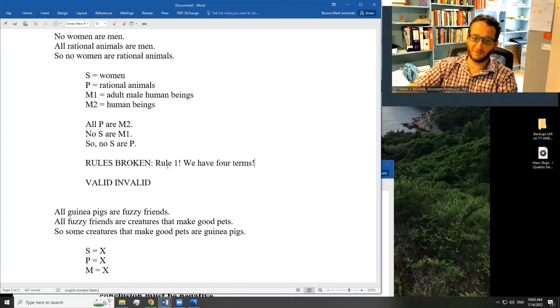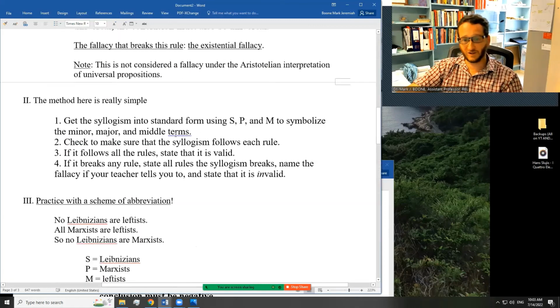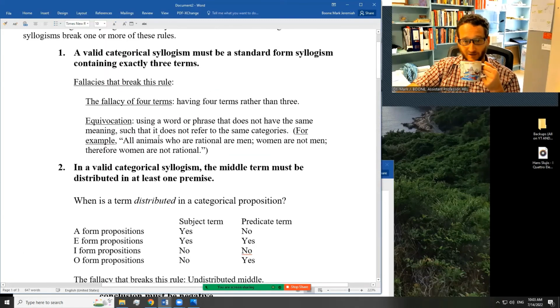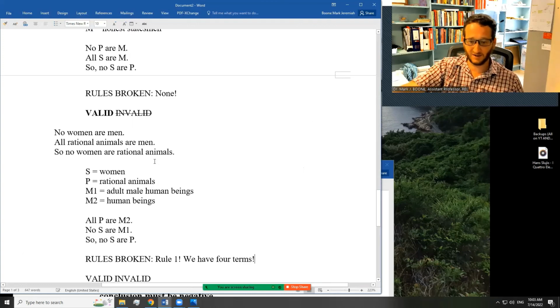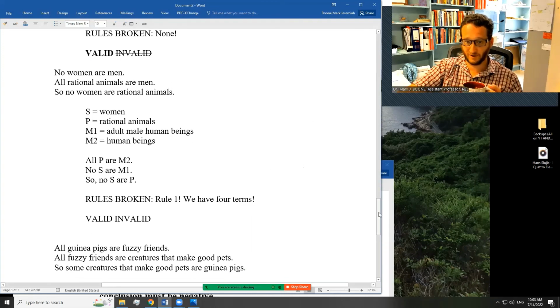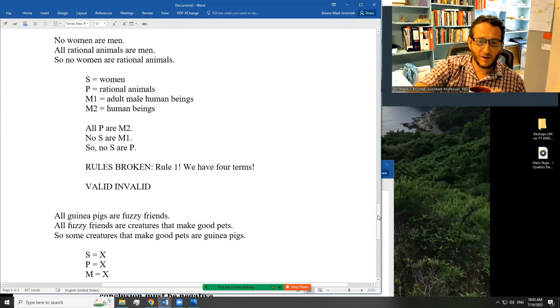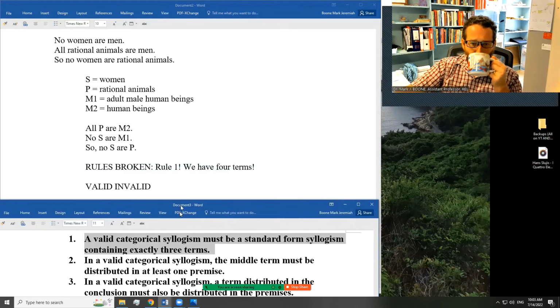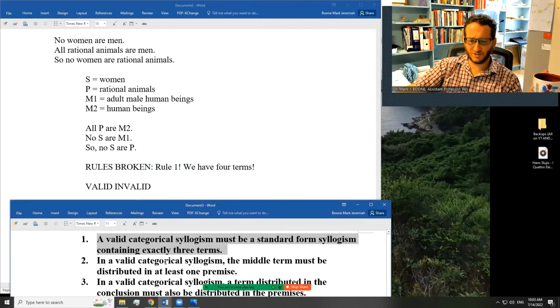Here you're not actually calling the argument out for its equivocation fallacy. You're acting like its only fallacy was having four terms rather than three. That's fine. At this point, you've done quite enough to expose the folly of the original argument. All right, so what about the other rules? Is the middle term distributed? I don't know.